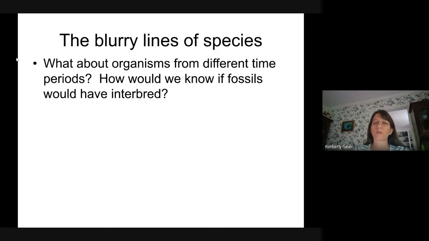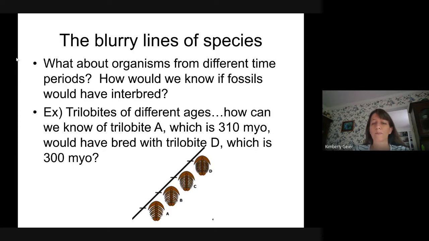But what about when we don't even have a lot of evidence? Like, what if we have organisms from different time periods? We could talk about fossils, and we can talk about different species of dinosaurs or other prehistoric life. How would we know if fossils would have interbred? Like these trilobites from different ages.